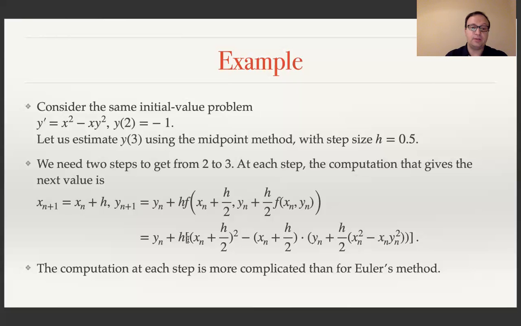So this is what I wrote here. The function is, so we have x_n plus h over 2 squared. This corresponds to x squared here.